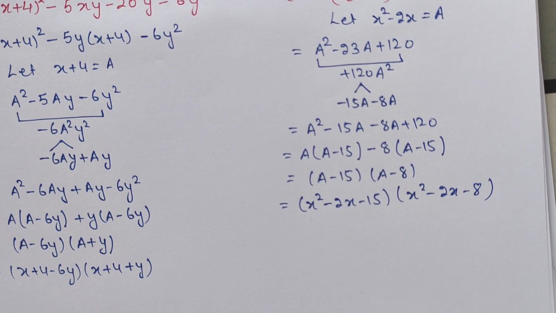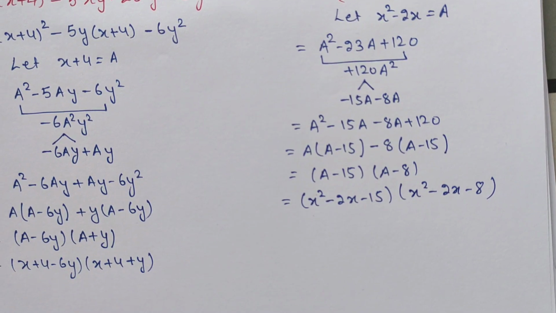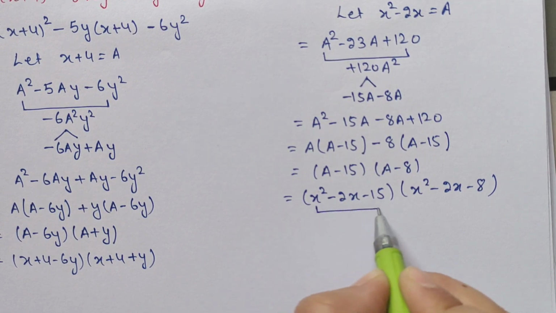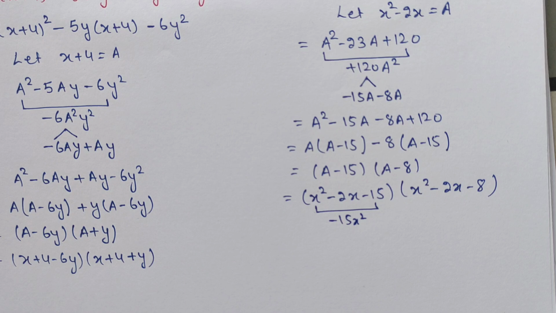Now you can see again we have a trinomial. Again we can do the same factorization. Take this bracket, −15x². Find factors of −15 such that after subtraction 2 should come. So −5 and plus 3.